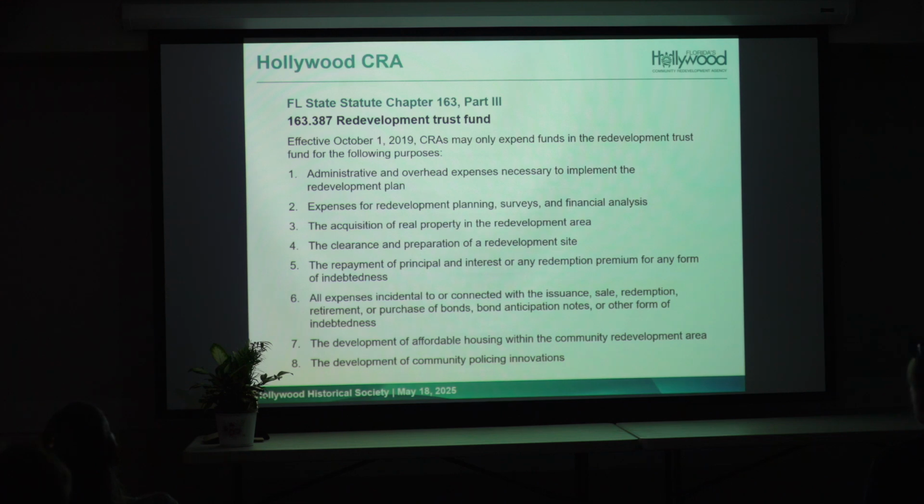The first one is administrative and overhead expenses necessary to implement the redevelopment plan; expenses for redevelopment planning, surveys, and financial analysis; the acquisition of real property in the redevelopment area; the clearance and preparation of a development site; the repayment of principal and interest or any redemption premium for any form of indebtedness; all expenses incidental or connected with the issuance, sale, redemption, retirement, or purchase of bonds, bond anticipation notes, or any form of indebtedness; the development of affordable housing within the community redevelopment area; the development of community policing innovations; and there's only one more.